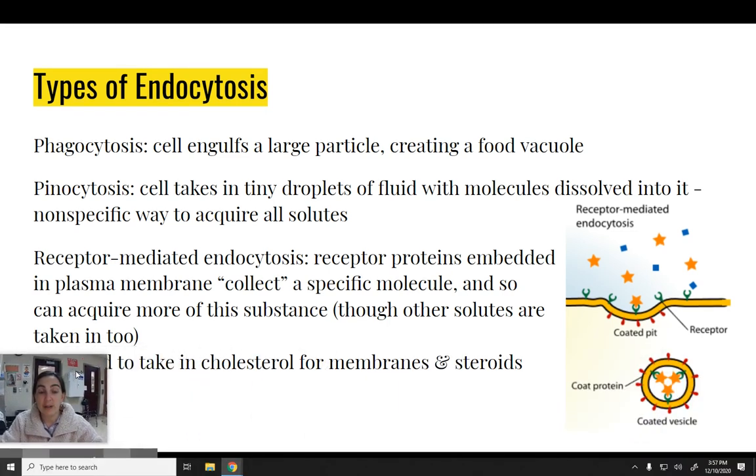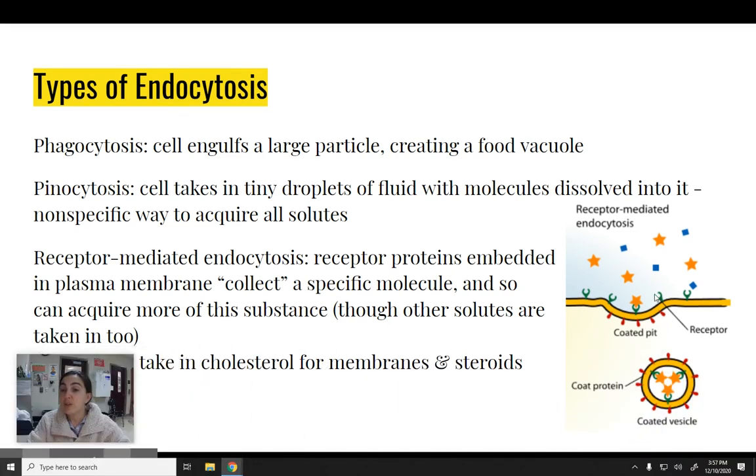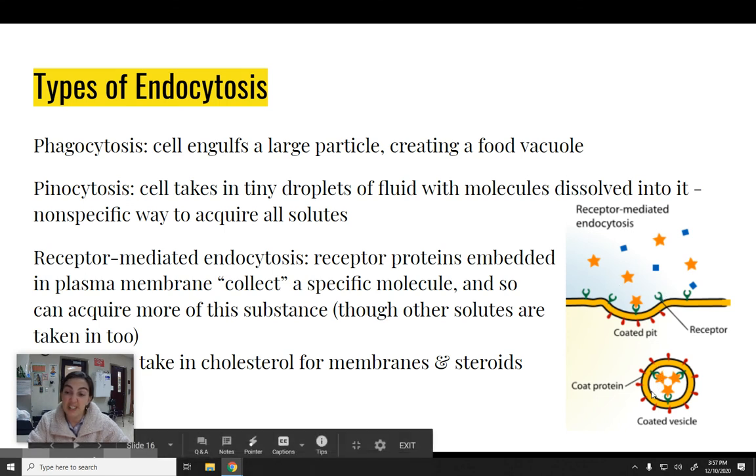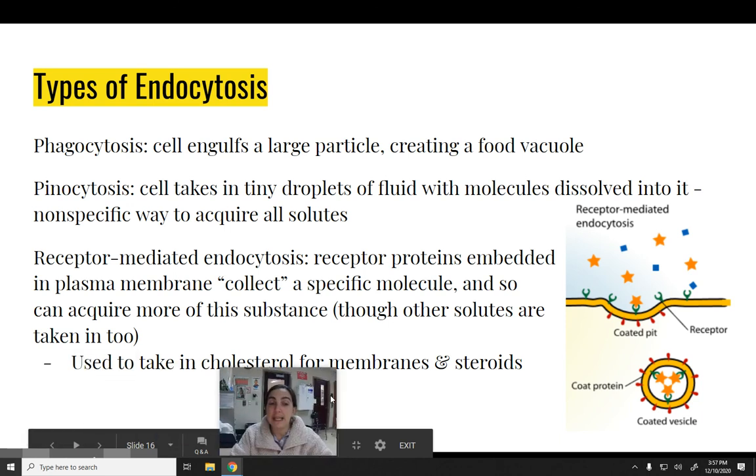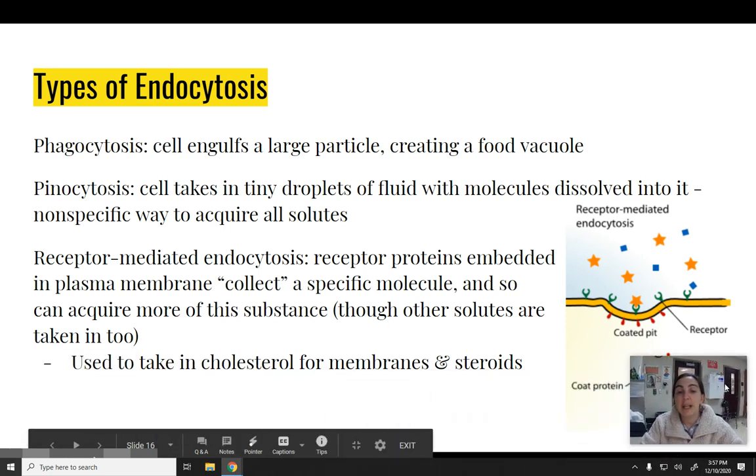And I'll move myself out of the way here. So as it grabs a bunch of those, it forms this vesicle, and it's possible this vesicle could still trap a little blue square or something here, but they get a much higher percentage of the desired molecule, in this picture those little stars, than they would without those receptor proteins. So this is how your cells take in molecules that they need specifically, like cholesterol, that they use for the cell membranes and for making steroids.